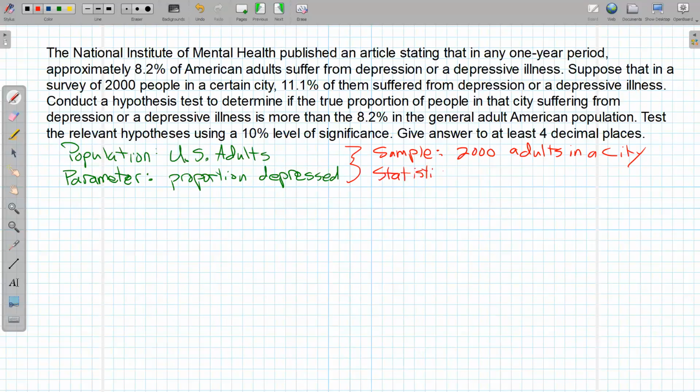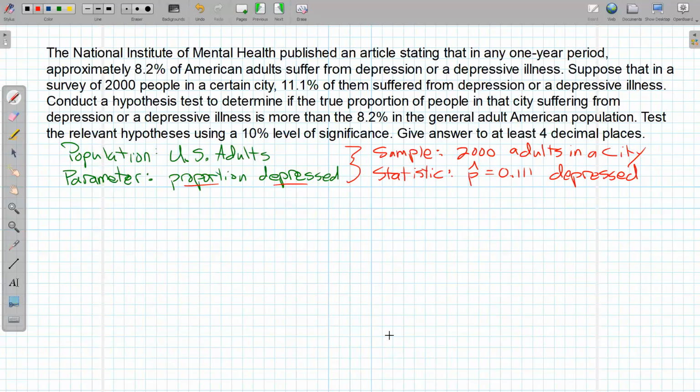The statistic is this proportion, but from the sample. So according to the sample, p hat is 0.111. Usually we state p's and p hats not as percentages, but as their decimal counterparts, who are depressed or suffer from a depressive illness.